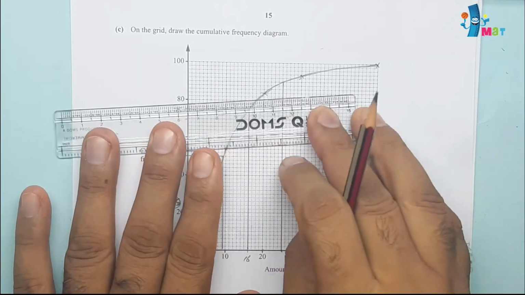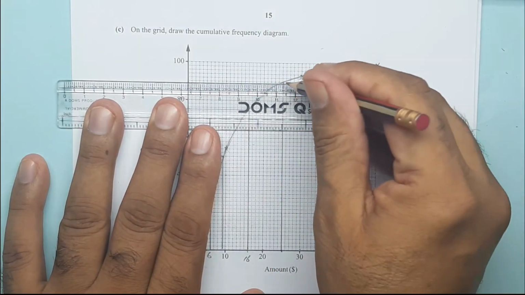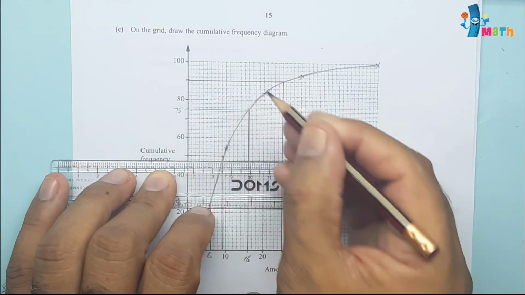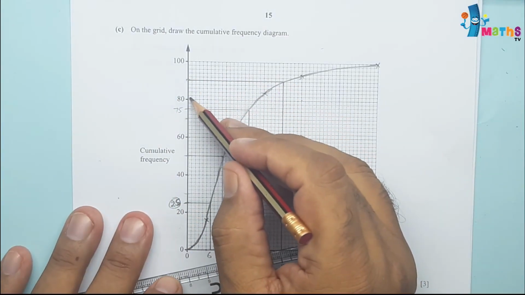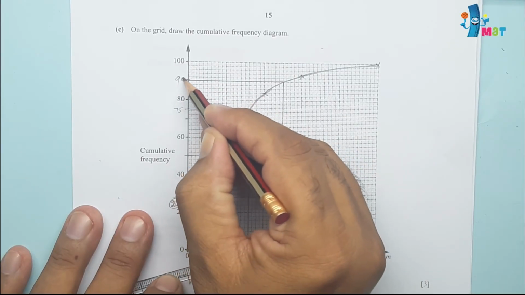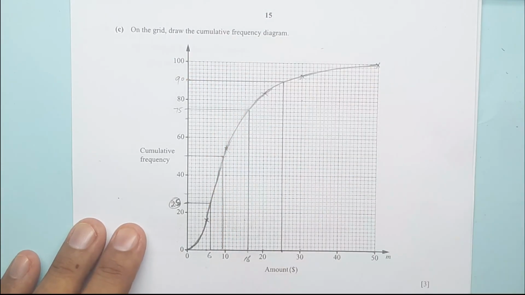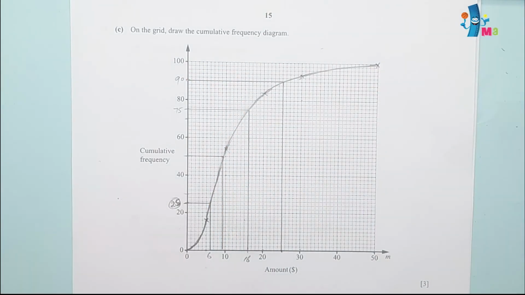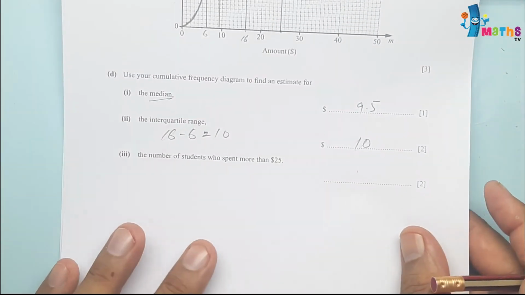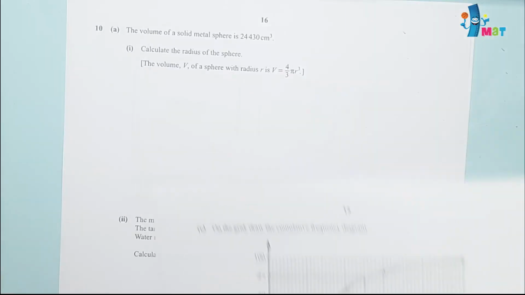This is the value which we can check. Now from this side will be this point. So 80, 1, 2, 3, 4 and 5. So this will be 90. So we are getting 10 students. Above 90 will be 10 students. So the number of students who spend more than $25, we can write here 10 students.